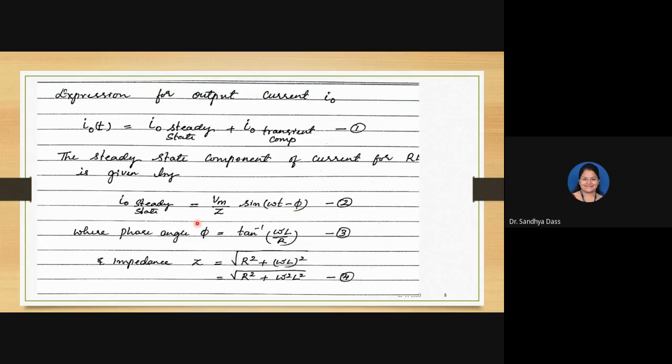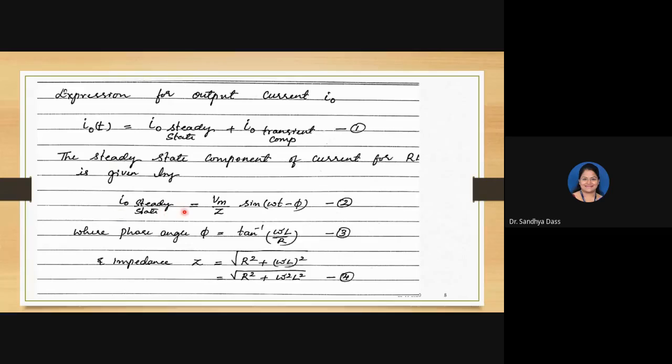And phi is the phase angle, where the phase angle for the RL circuit is given by tan inverse omega L by R. Please note down all these expressions as we go on. So equation number 1 will be the output current, which includes both the steady state component and transient component for the RL circuit.